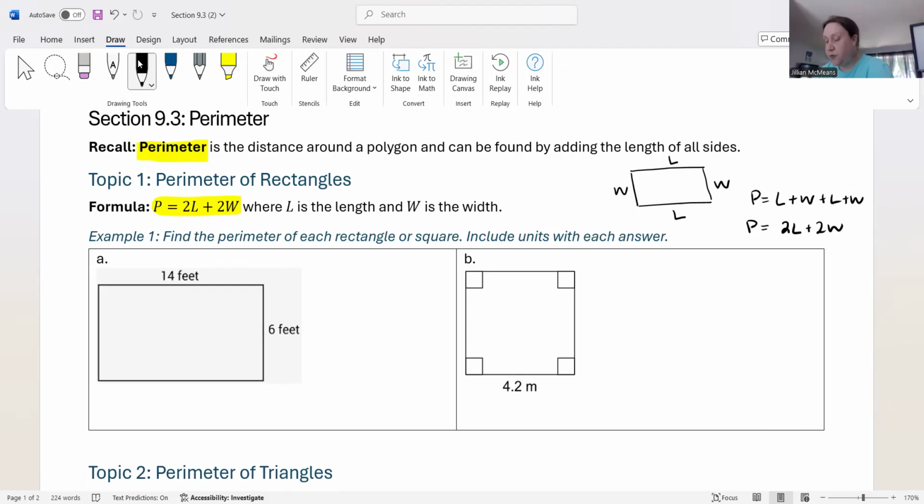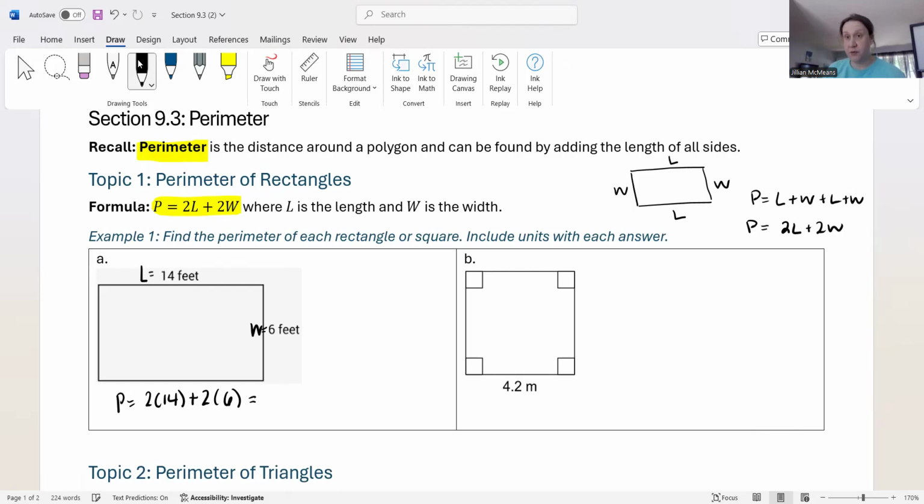Okay. So for example, when it says find the perimeter of each rectangle or square, include units with your answers. Well, for part A, we're dealing with feet. So we want to make sure our final answer is some number with feet tacked onto it. So we have that the length is 14 feet and we have that the width is 6 feet. So the perimeter is going to equal 2 times 14 plus 2 times 6.